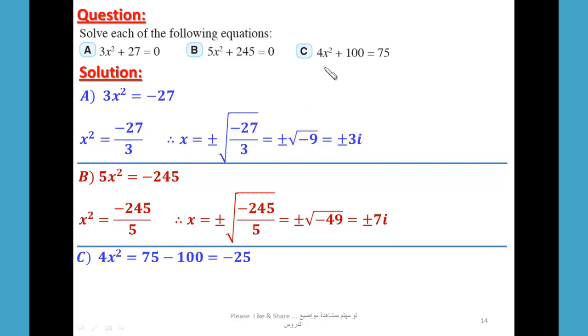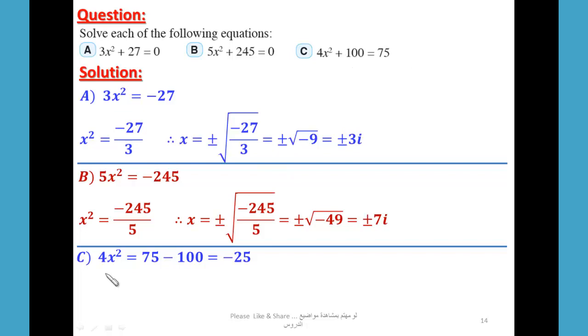C: 4x squared plus 100 equals 75. Again, 4x squared plus 100 equals 75. So 4x squared equals 75 minus 100. We take it from the left hand side to the right hand side and change the sign, from positive to negative.